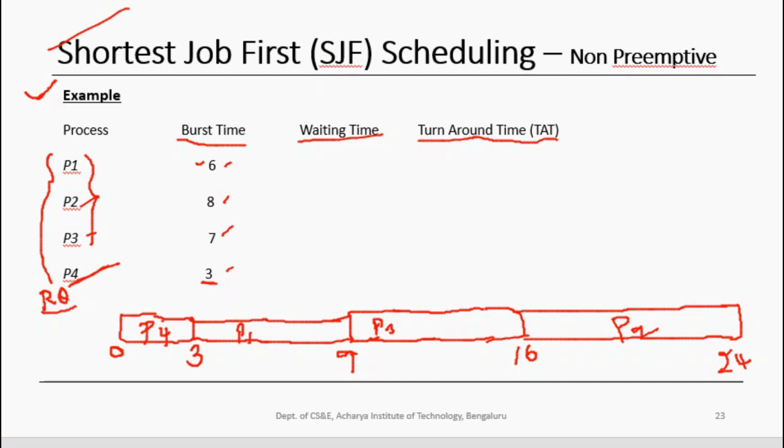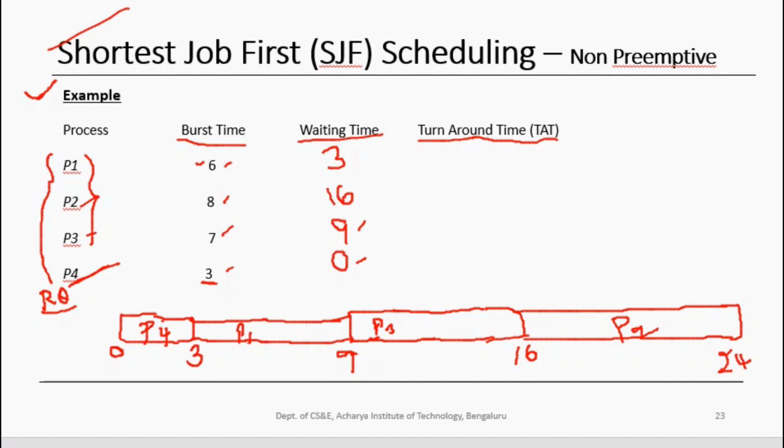P1 has arrived into the ready queue at t is equal to 0, but P1 has got CPU after 3 time units, so its waiting time is 3. Similarly, what is the waiting time of P2? Waiting time of P2 is 16 time units. Waiting time of P3 is 9 time units, and P4 is the shortest job in this case, so therefore its waiting time is 0.